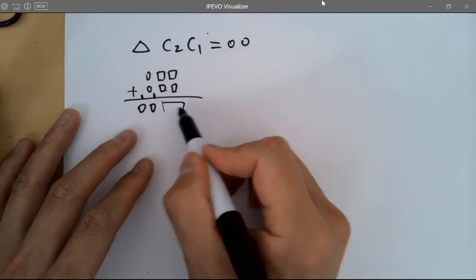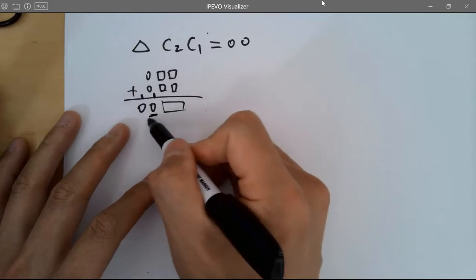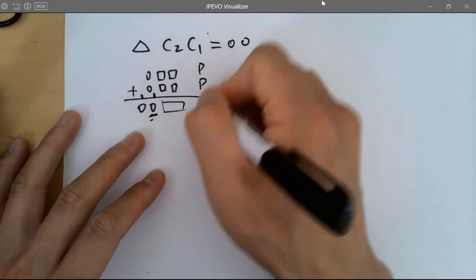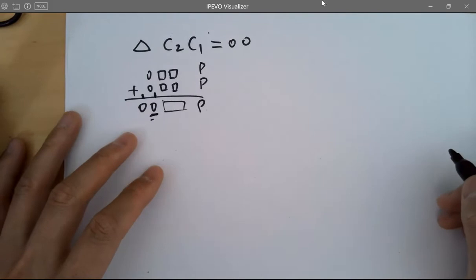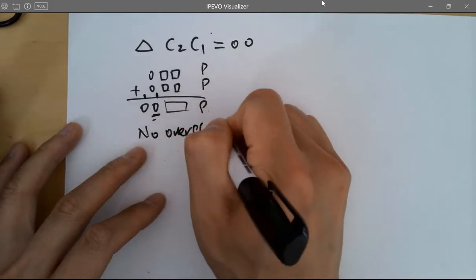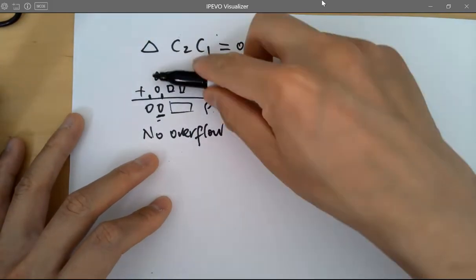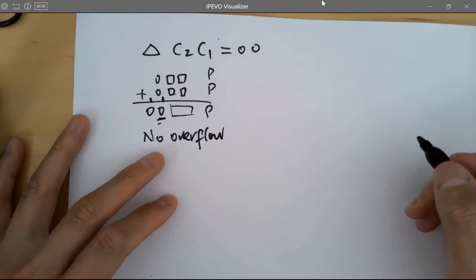I don't know what these 2 are, I don't even care right now. If I'm getting 0, 0, this is definitely a P, so it is P, P, P, so there's no overflow in this case. I'm just looking at all the different combinations for the MSBs of the 2 addends.